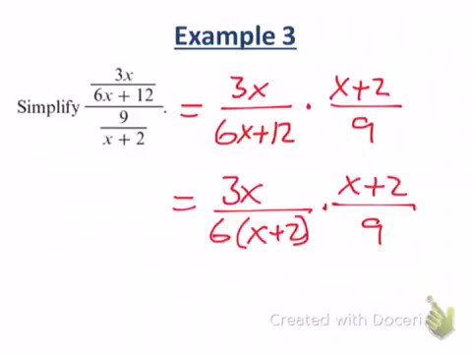I can cancel the x plus 2's. And what else can cancel? The 3 and the 9. 3 and the 6 or the 3 and the 9. It doesn't matter. It can cancel with either one. So if I cancel there, I'm left with x over 18.